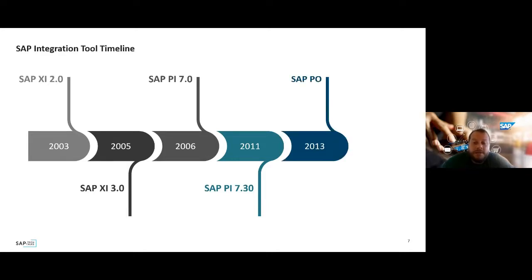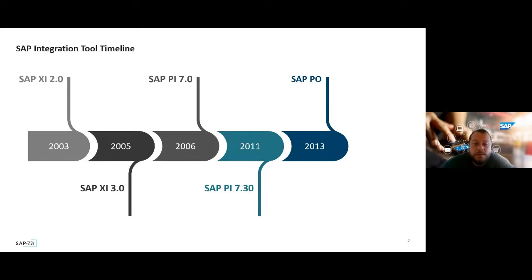In 2013, in my opinion, was the biggest change, when SAP delivered SAP PO, Process Orchestration. SAP started with the mindset that instead of having one tool to support everything, they would have a suite.